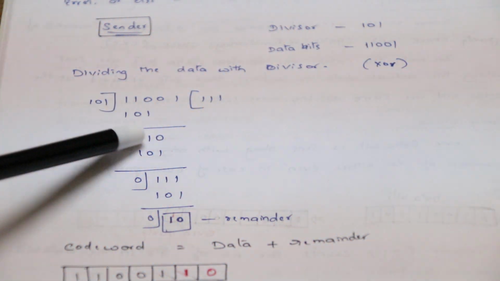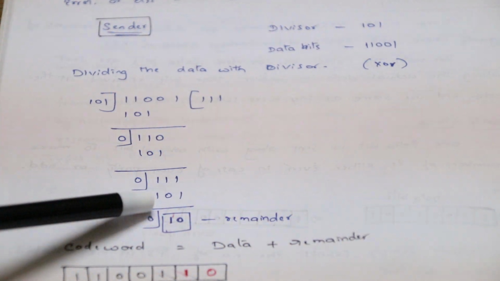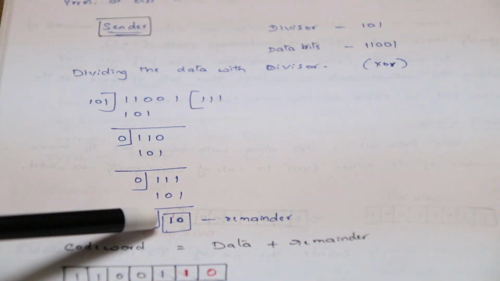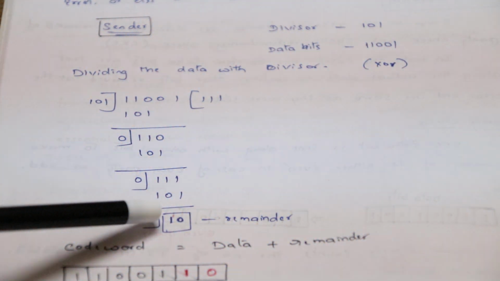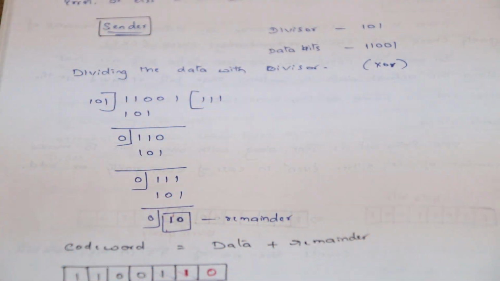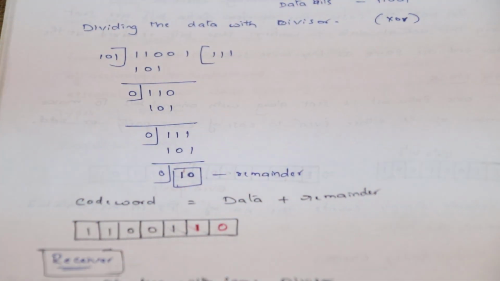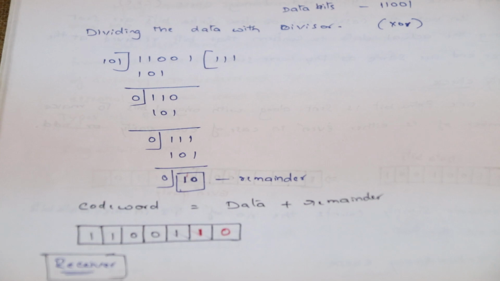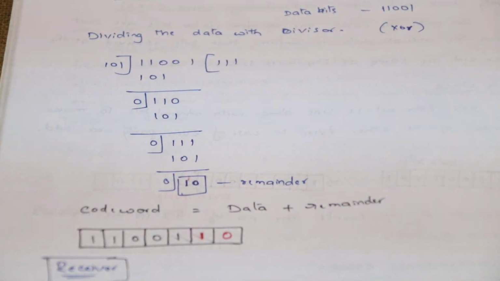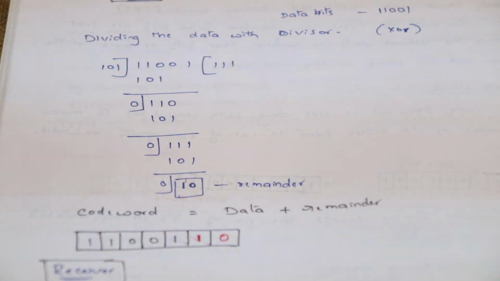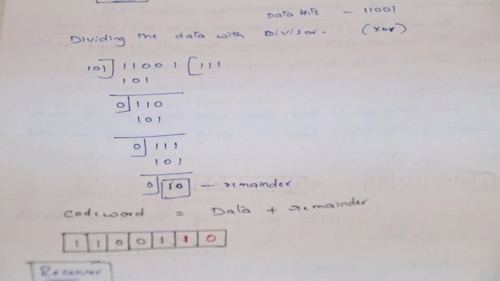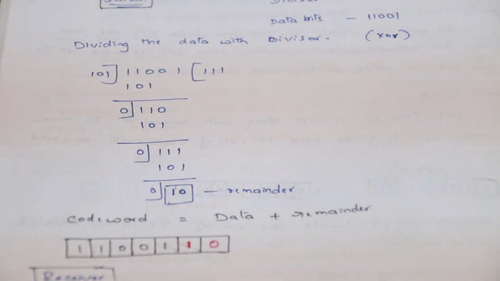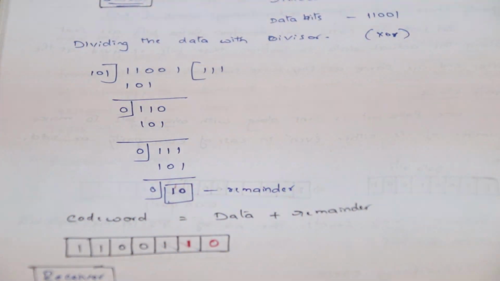Like how I have derived it here, finally I received a remainder of 10. So these two extra bits I am going to append to the data during the transmission. You can see the frame which is finally made down over there, where your actual data, which is 11001, has been appended with two extra bits, which are nothing but the remainder value you have obtained after performing the division operation with the divisor.